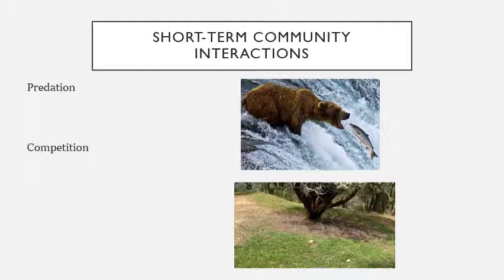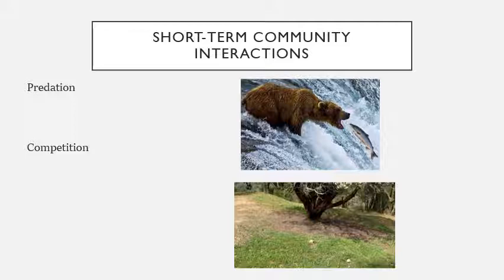So we look a lot in ecology at how populations interact with one another, and one of the ways that the populations within communities can interact is through predation. So when we look at predation, what we're looking at is one organism will consume another organism and get the advantage of the energy that it has stored in it.